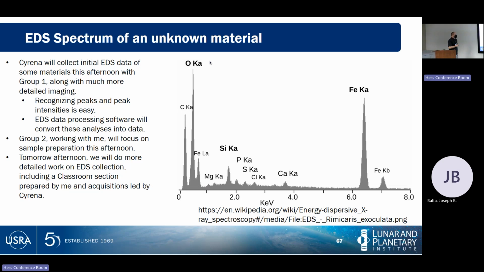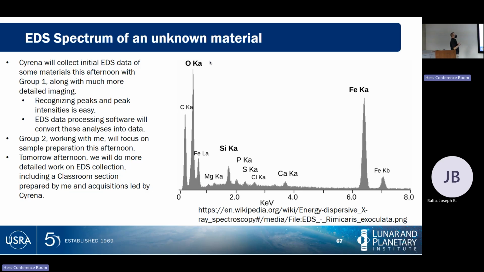So here is an unknown material. We fire energy at that. This broad background here that you can see, this is a broad spectrum of X-rays being released by all the materials in the sample because electrons are going off in all sorts of directions and generating a lot of energy inside them.